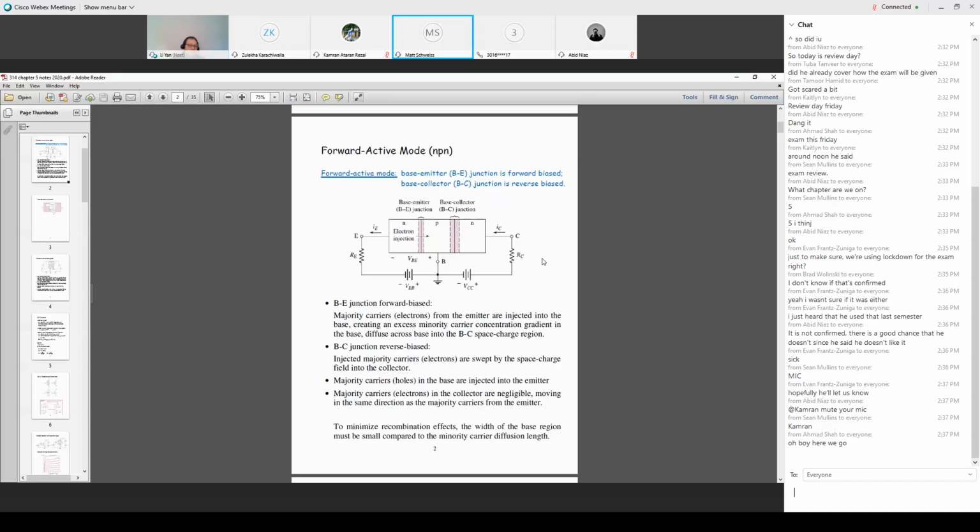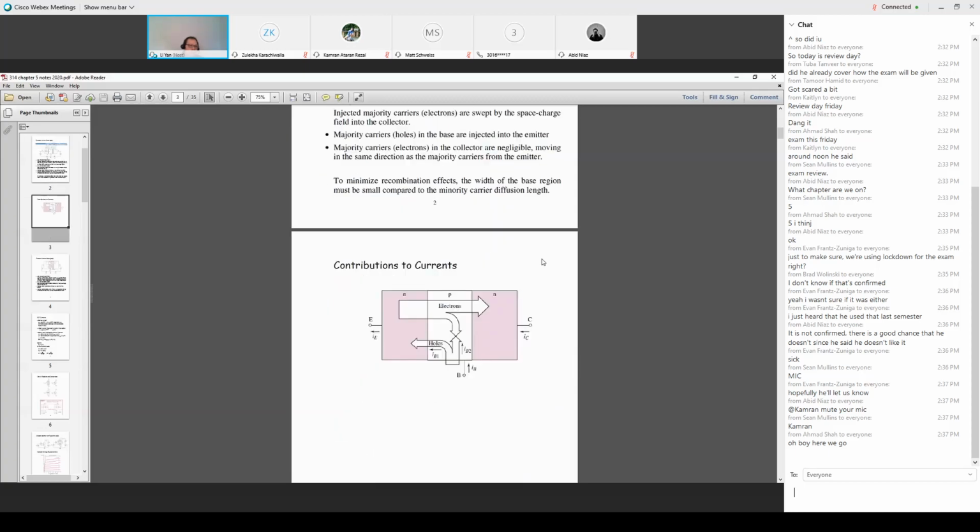Professor, for the NPN, in the state where this is forward bias and reverse bias, on B, is current flowing in or out? On B, right. That one is the textbook that doesn't show that direction of current. But that's why I refer you to the next graph. It's very clear.